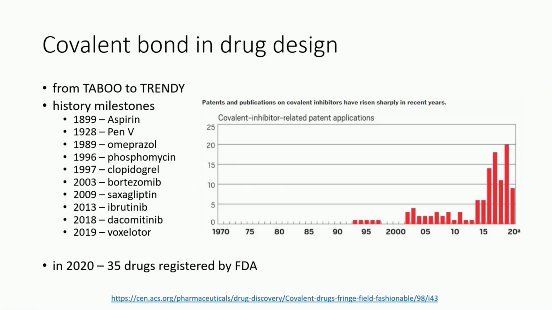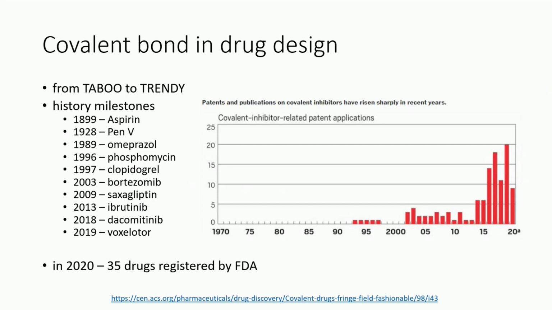The very old example is the acetyl salicylic acid called aspirin with the proprietary name marketed by the company Bayer at the end of 19th century. Then, for example, penicillin binds as well to the target via the covalent bond, esomeprazole as well.